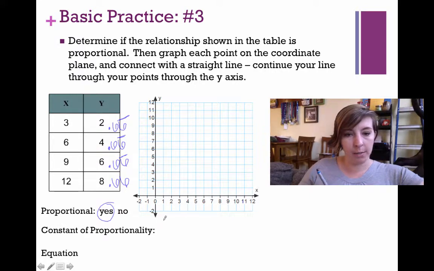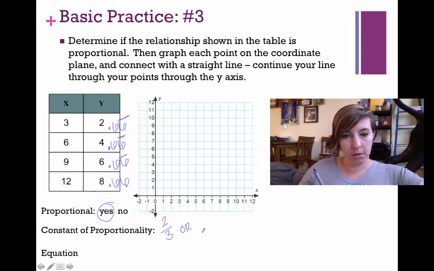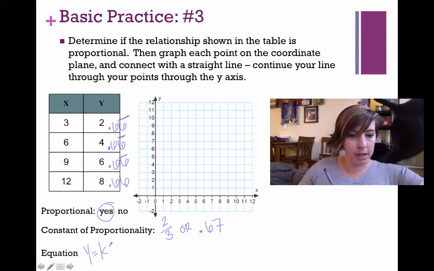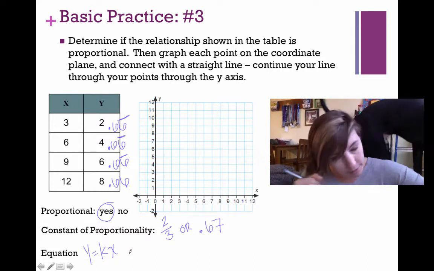Is this proportional? Yes. Our constant of proportionality, I'm going to write it as a fraction. I could also round it so that I'm not using the repeating bar. That's okay to do. Our equation would be y equals k times x.